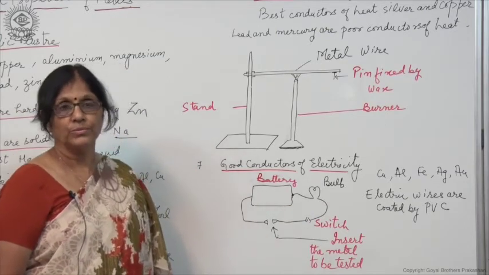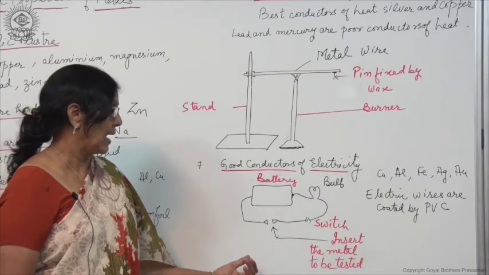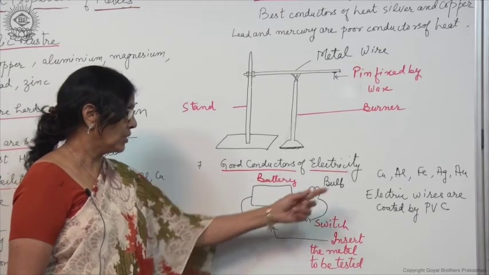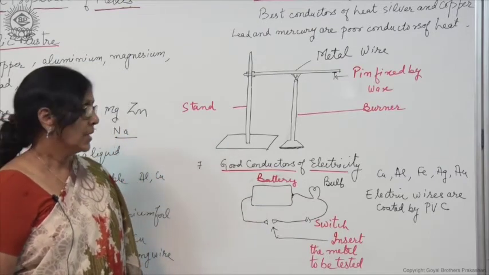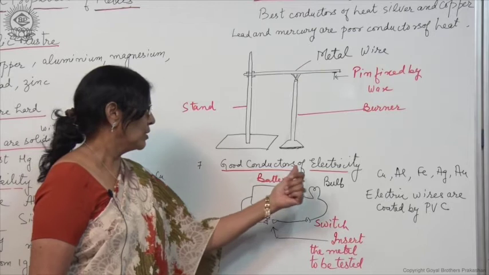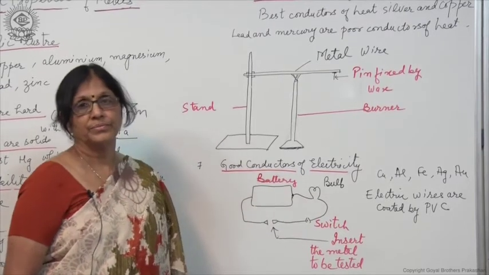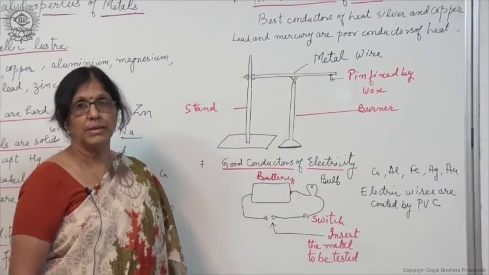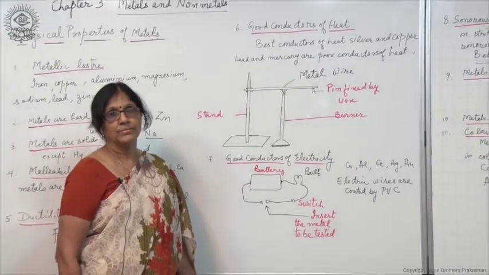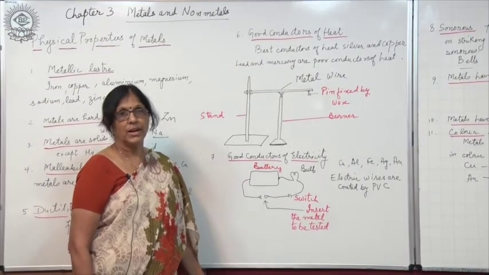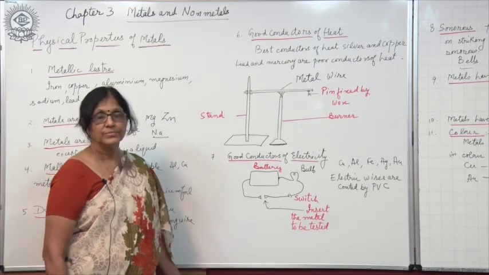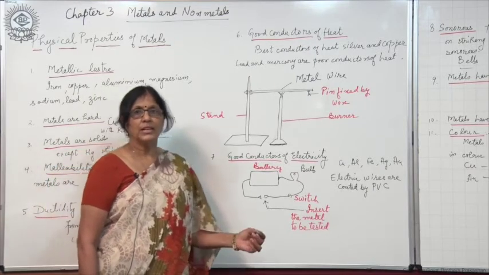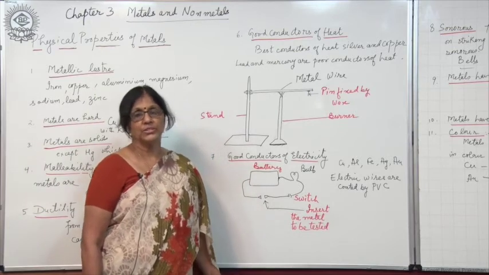What does it show? The glowing of the bulb shows that all these metals allow the current to pass through them. All the metals are good conductors of electricity. That is why metals are used to make electric wires, which are used for conducting electricity. Now, you must have seen the electric wires used in houses.